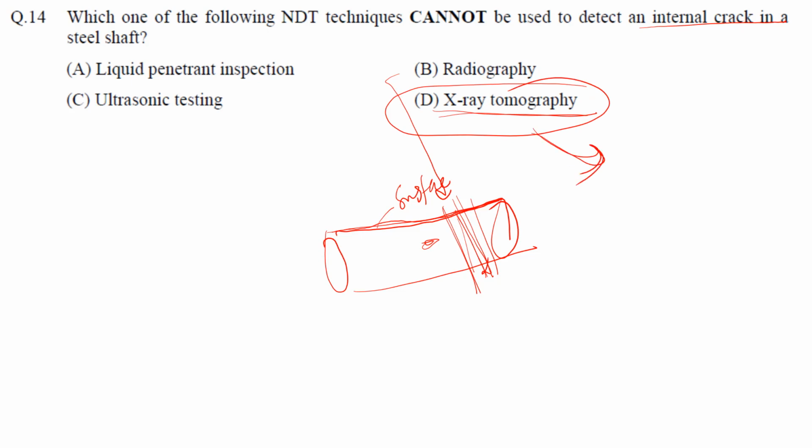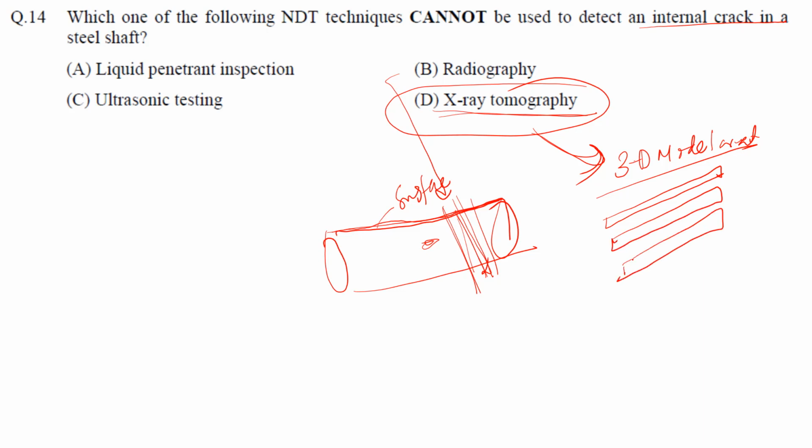Actually, X-ray tomography is basically a 3D model creation technique where layer by layer we study the features and make a 3D picture. So when we do a layer by layer study, we can easily detect any defect inside, because that defect would appear in some layer.